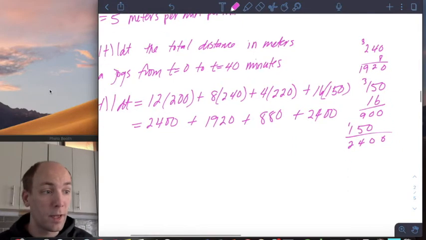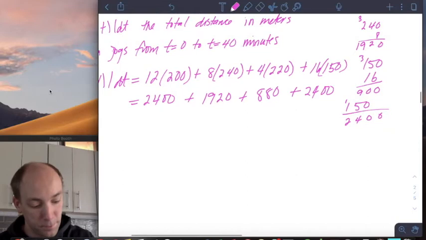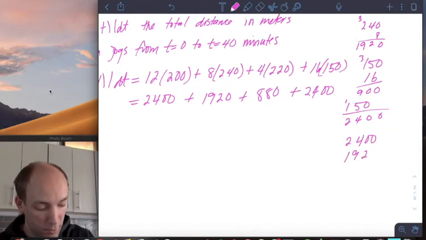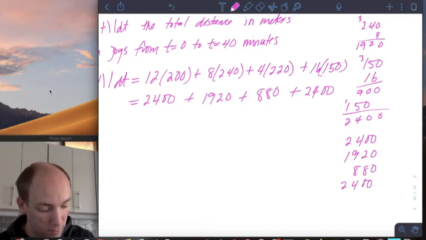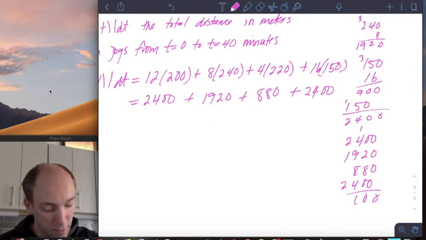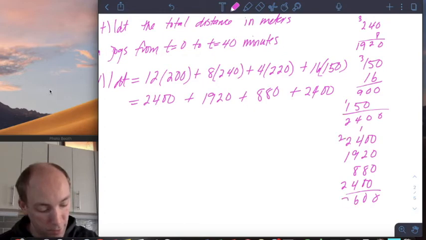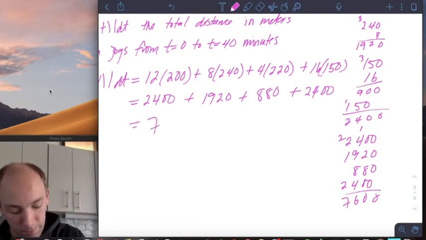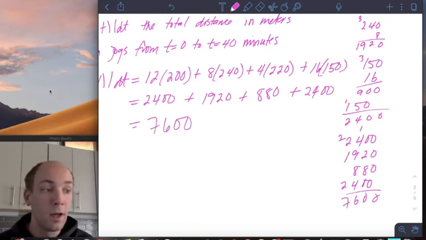And then we're going to add all these together. So let's see, 2400, 1920, 880, and 2400. That comes to 7,600.